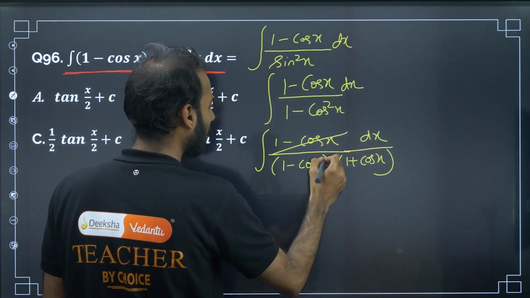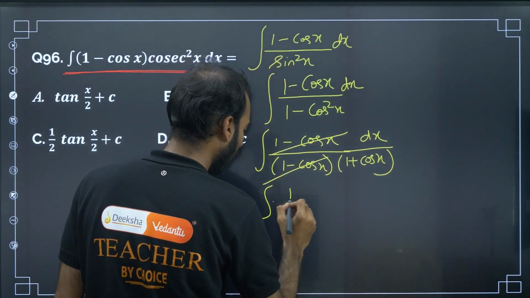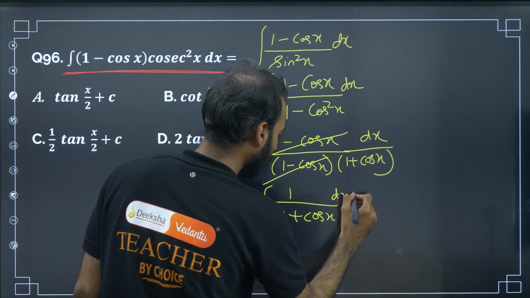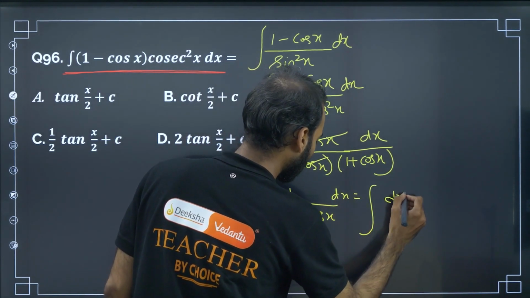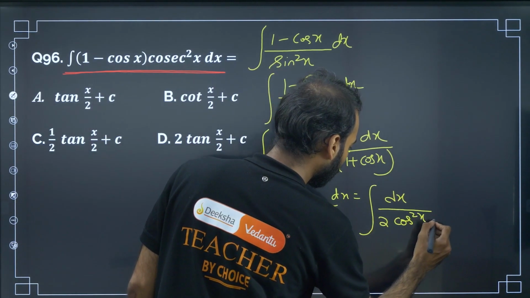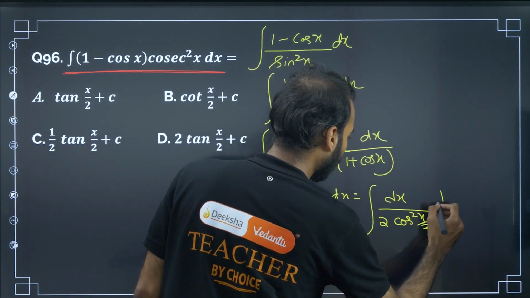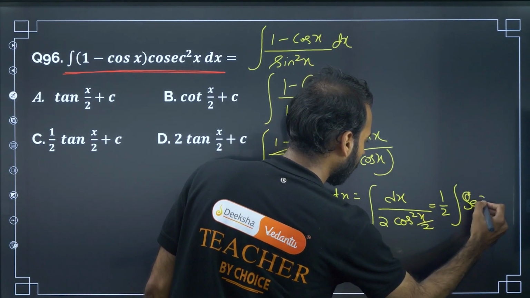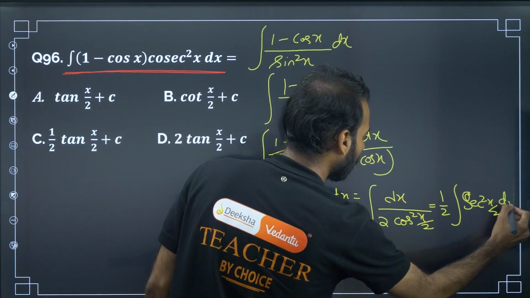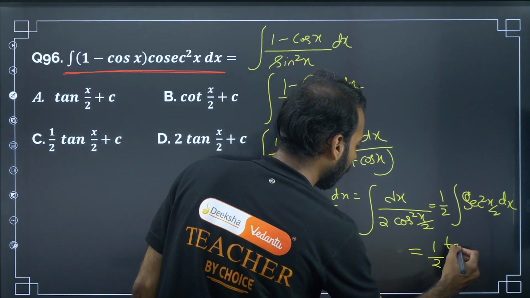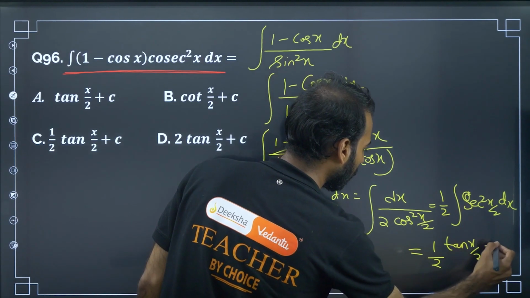So if I cancel this, integration of 1 by (1 plus cos x) dx is equal to integration of dx by 2 cos square x by 2. If I keep 1 by 2 outside, integration of secant square x by 2 dx.